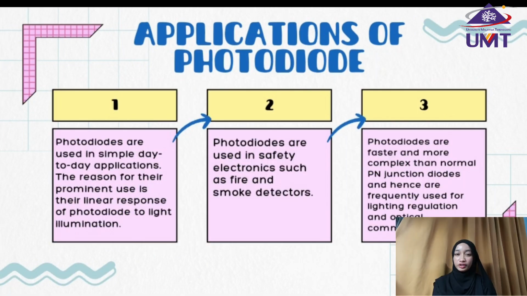Applications for photodiodes. First, photodiodes are used in simple day-to-day applications. The reason for their prominence is the linear response of the photodiode to light illumination. Second, photodiodes are used in safety electronics such as fire and smoke detectors. Third, photodiodes are faster and more complex than a normal PN junction diode and hence are frequently used for lighting regulation and optical communication.